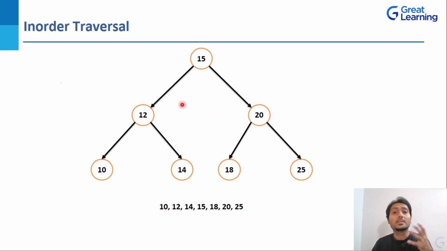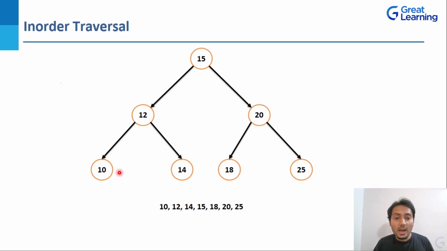Now where do we start from? Where do we begin according to the rules of the in-order traversal method? We have to begin from the left subtree. So now this is our left subtree, correct? Here we have to start from 10, because this is our parent node 12, and this parent node 12 has the child 10.